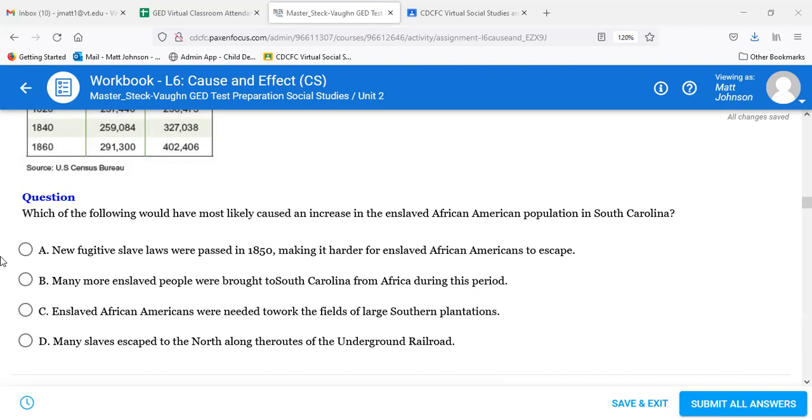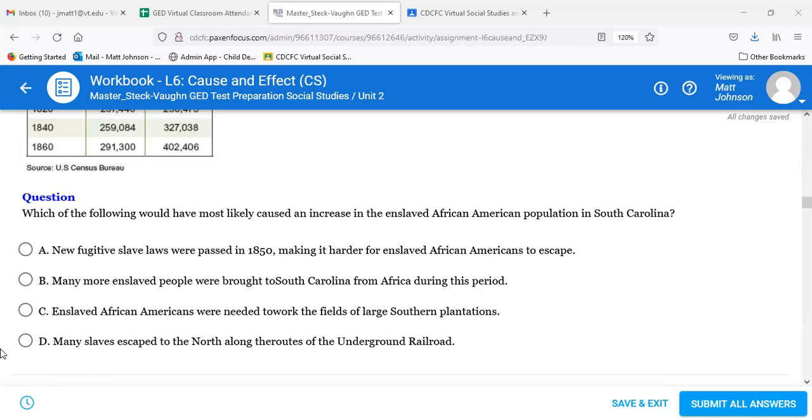A. Fugitive... okay, new fugitive slave laws were passed in 1850, making it harder for enslaved Americans to escape. B. Many more enslaved people were brought to South Carolina from Africa during this period.